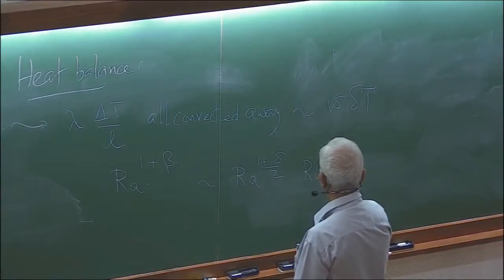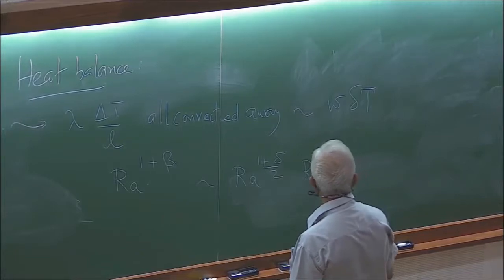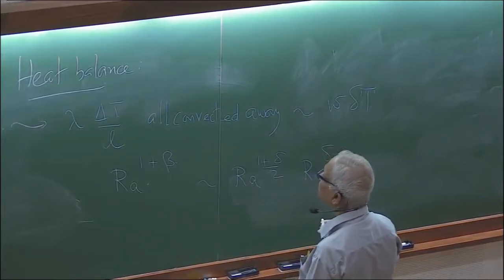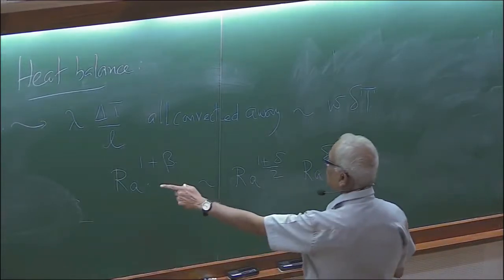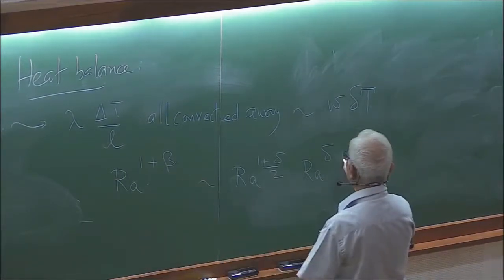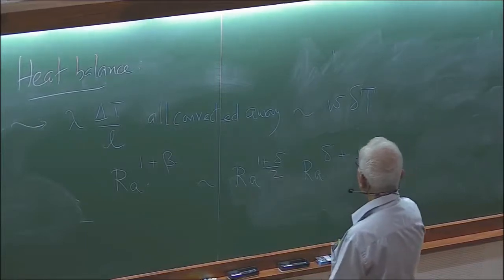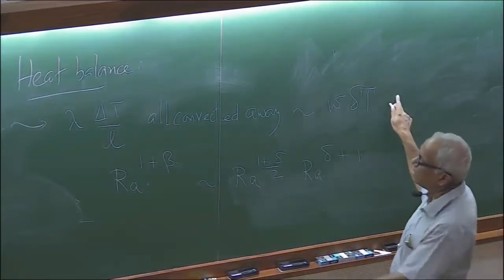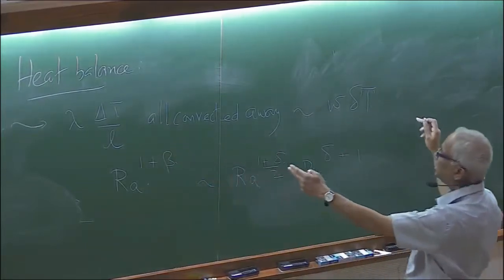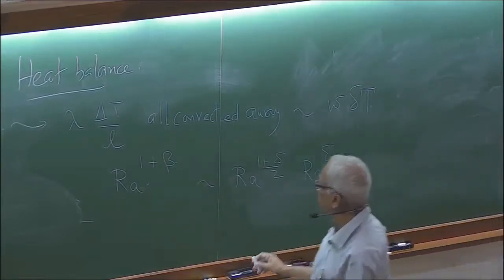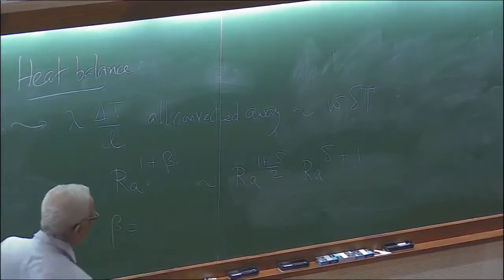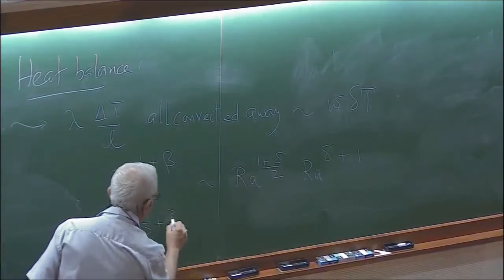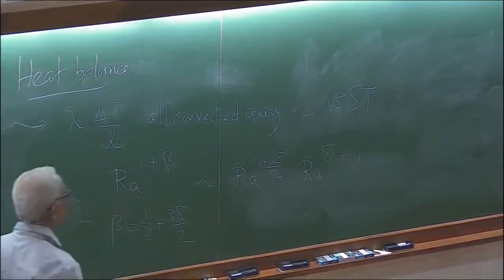The delta T's actually cancel. So this is beta equals half plus 3 delta by 2.